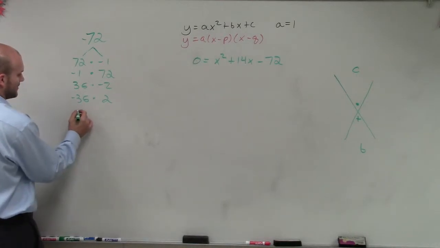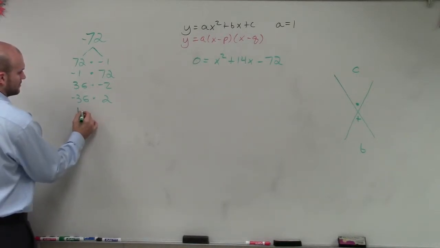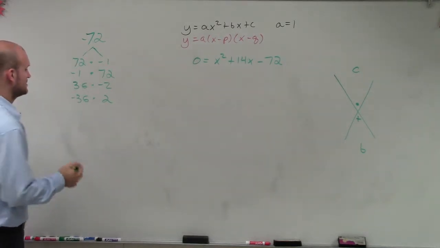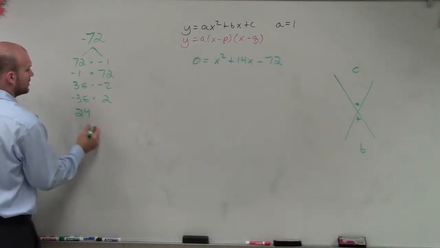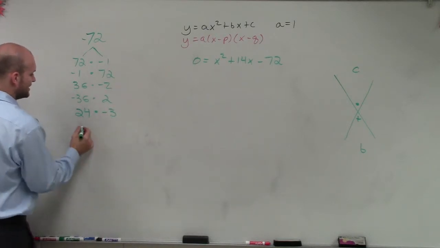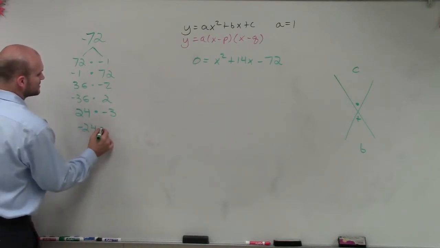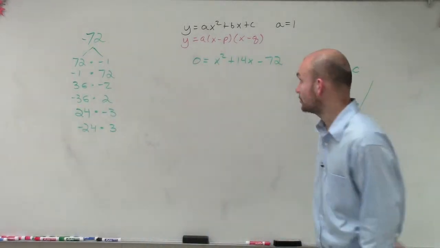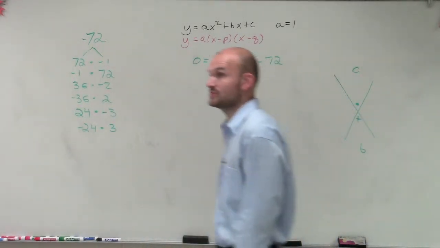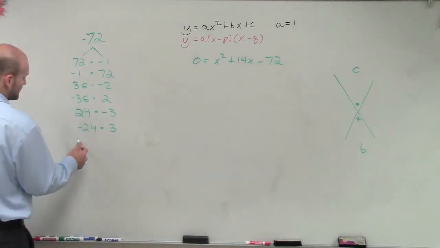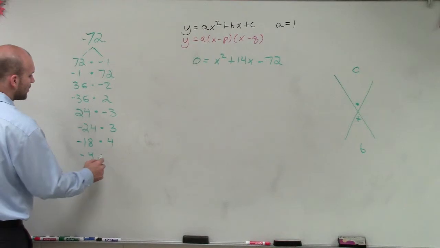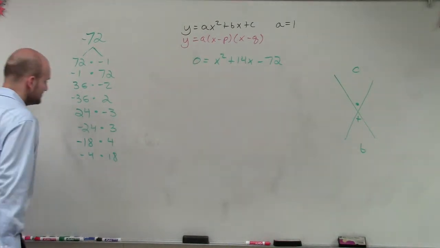So we could do 24 times negative 3, and then negative 24 times 3. And then we could look at 4. And 4 is going to go into there as well, 4 would go into there 18 times. So you could do negative 18 times 4, and then negative 4 times 18.